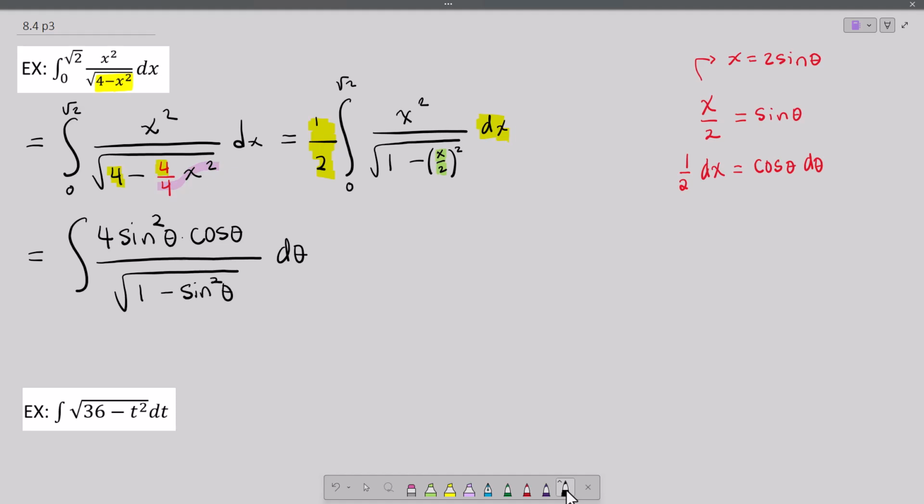Now our limits of integration have changed. The original limits of integration were x's. The new limits of integration are thetas. So we would have to come over here and find new limits of integration. 95% of the time with trigonometric substitution, it's better to forget the limits and go back to the original.